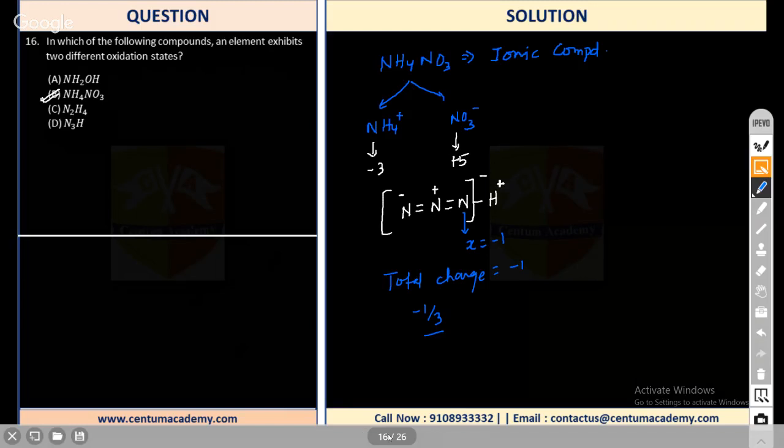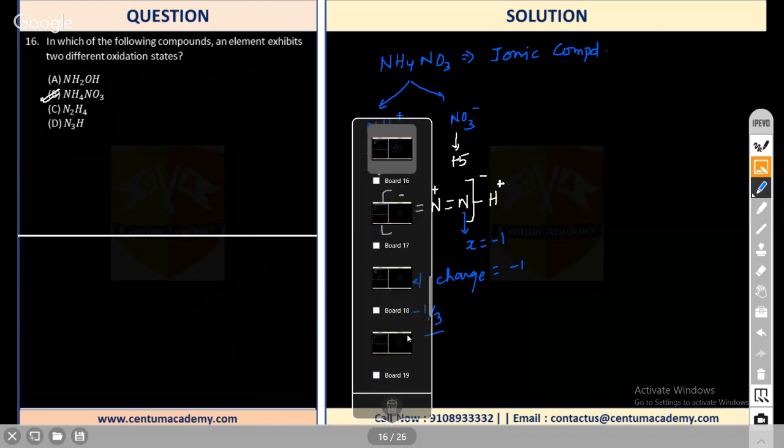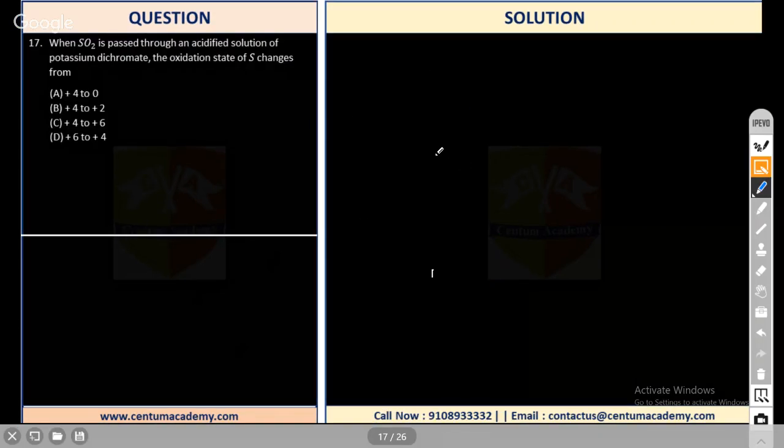Okay, 17th one you are getting C. SO2 passed through an acidified solution of potassium dichromate. The oxidation state of sulfur. Okay, so we'll write down the reaction first. And what is the reaction we have here?